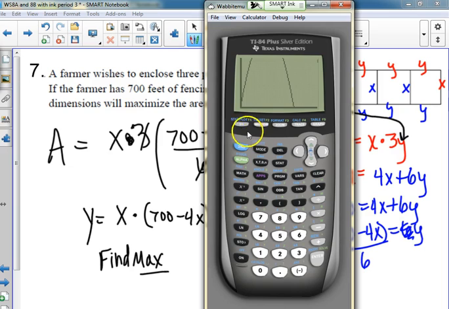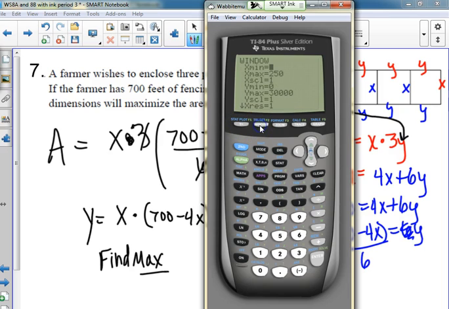Is everybody's window this big? Okay, I'm stopping.